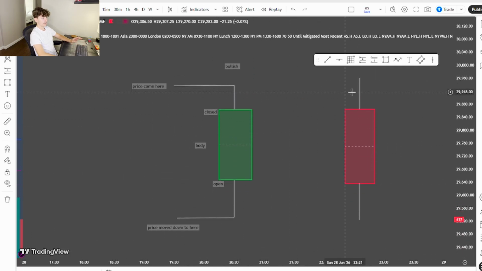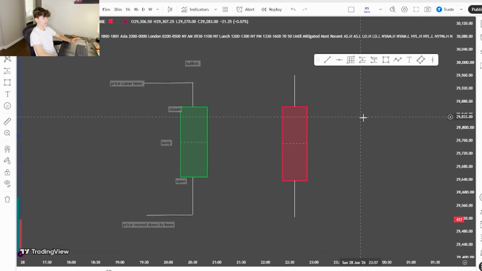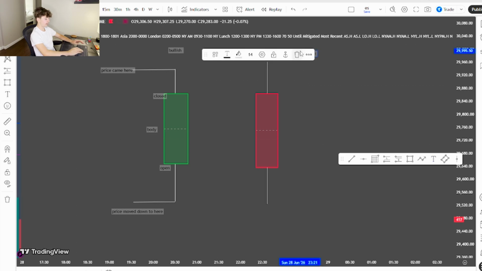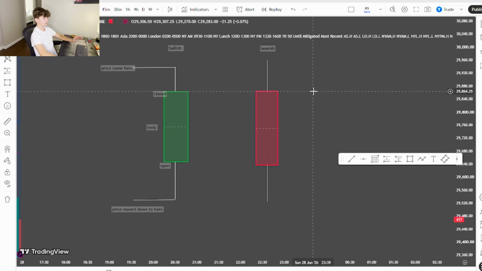Same thing with this red candle over here. It is backwards. So this red candle represents a bearish candle. What does bearish mean? Bearish means price is going down.